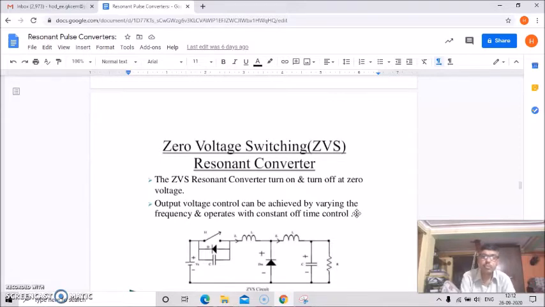Output voltage control can be achieved by varying the frequency, and it operates with a constant off-time control.